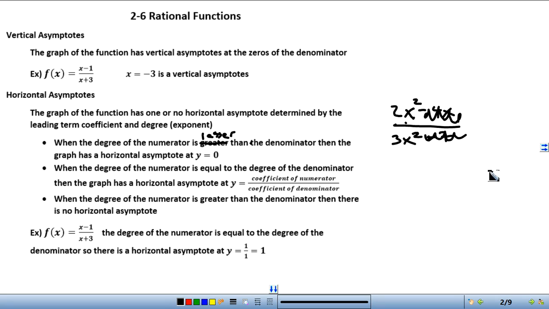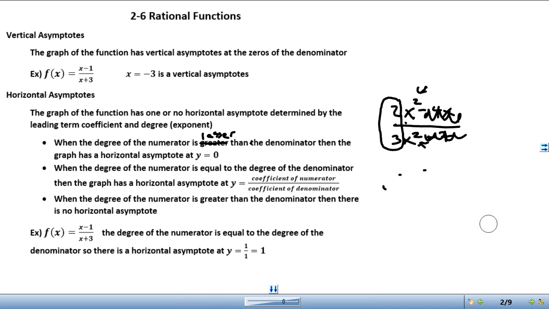I'm going to look at the leading coefficient. I have a degree of 2 and a degree of 2. The exponents are 2, so that means I will have a horizontal asymptote that is the ratio of the top over the bottom. So it's going to be 2 over 3, y equals 2/3. That's going to be my horizontal asymptote.